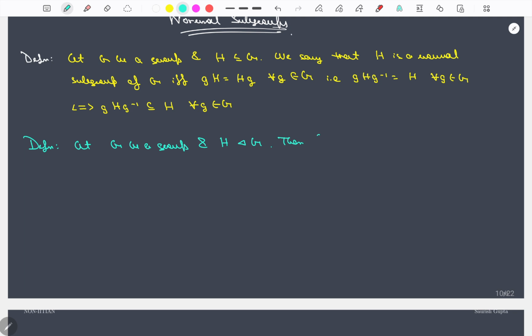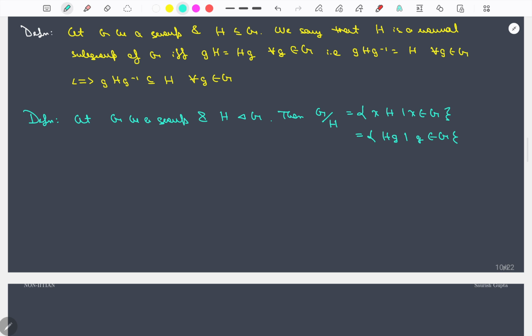Then G mod H, which is exactly the collection of all left cosets xH as x traverses over G, but by the definition of normal subgroups we know that this is also exactly the collection of all right cosets of H in G, forms a group with respect to the operation.